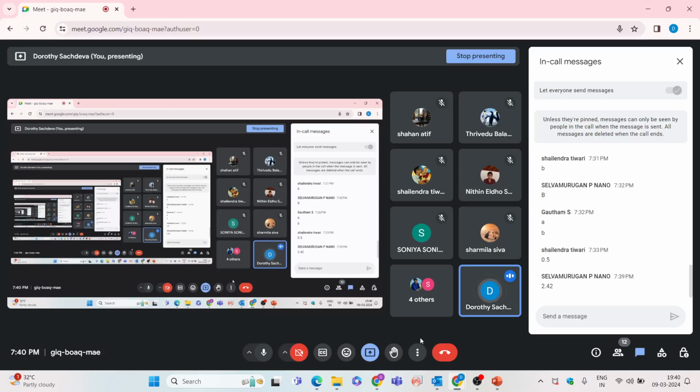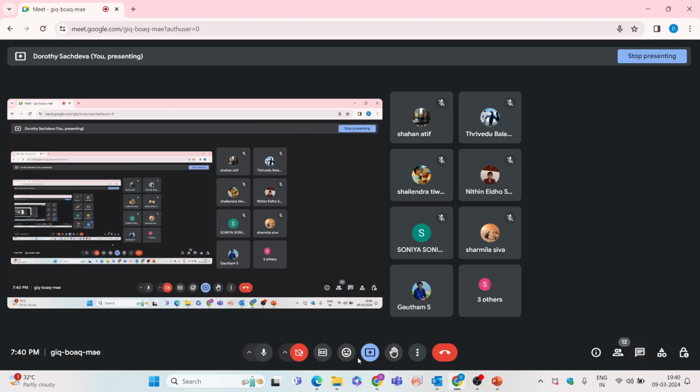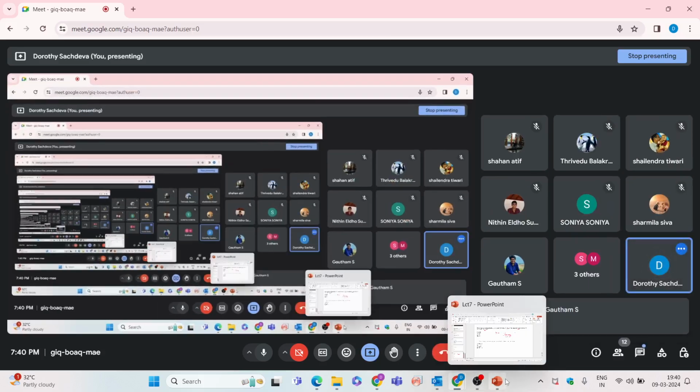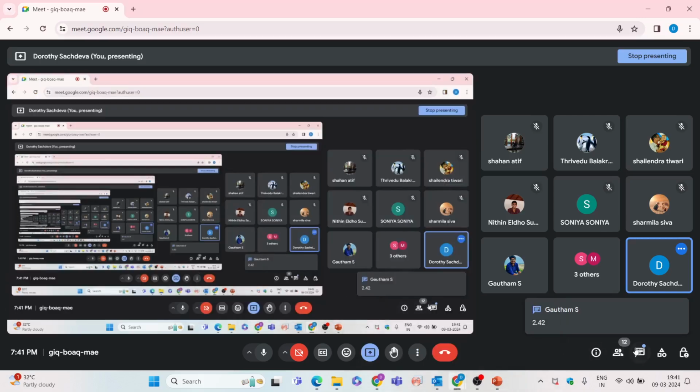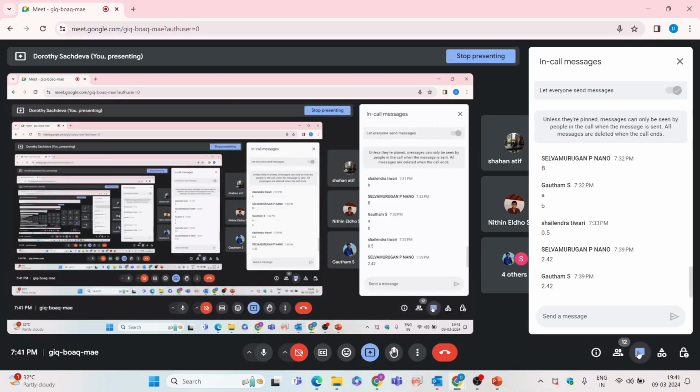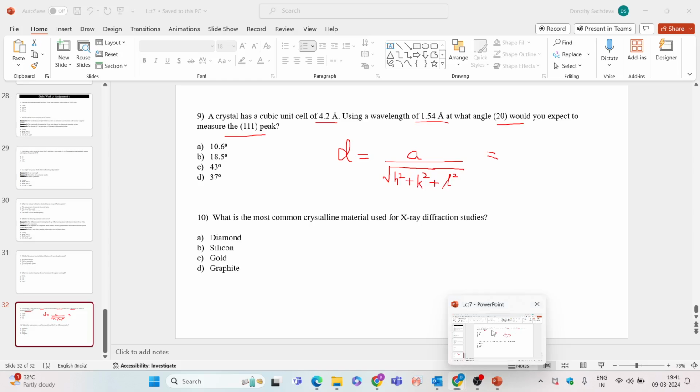So this will be 4.2 angstroms divided by the square root of 1 square plus 1 square plus 1 square, that is 4.2 divided by root 3, and Selva Murugan has already given the answer of d spacing as 2.42 angstroms. Yes, you are very correct. Yes, Gautam, 2.42 is the correct answer for the value of d spacing.